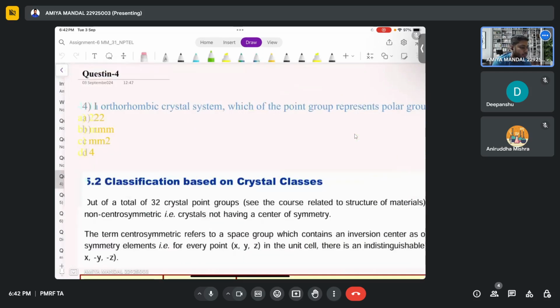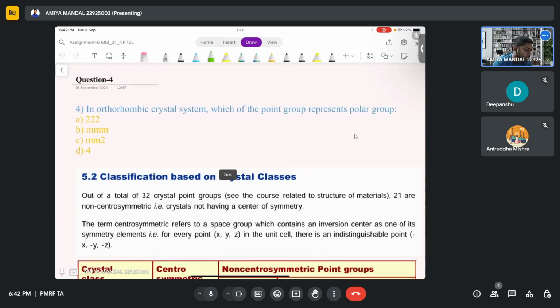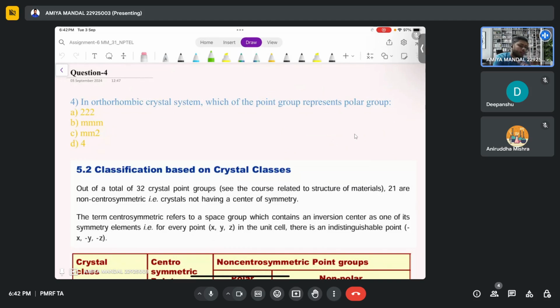Okay, question number 4. In the orthorhombic crystal system, which of the point groups represents a polar group?